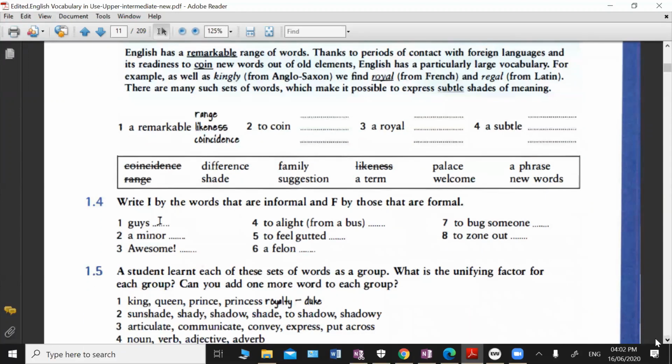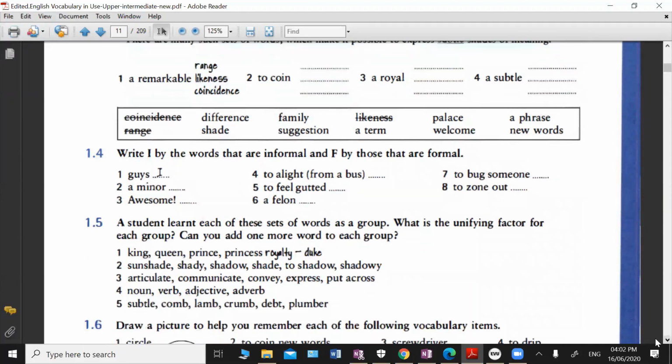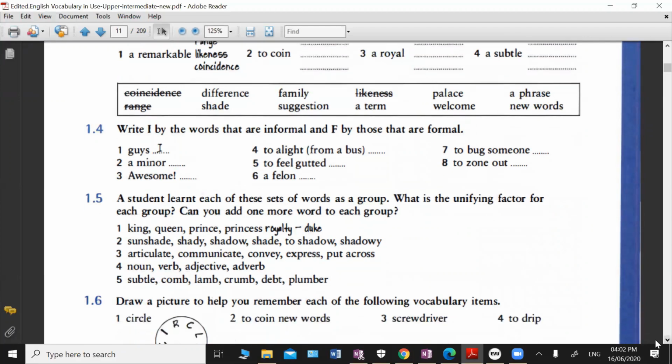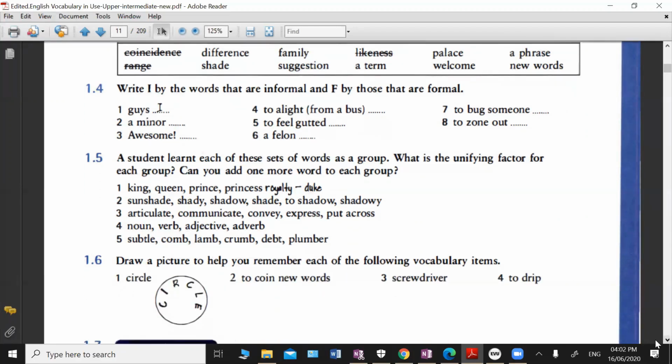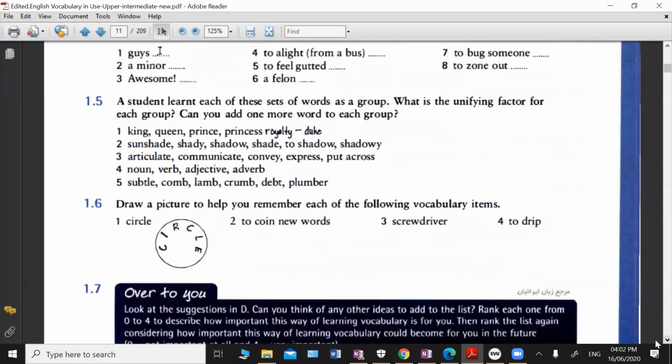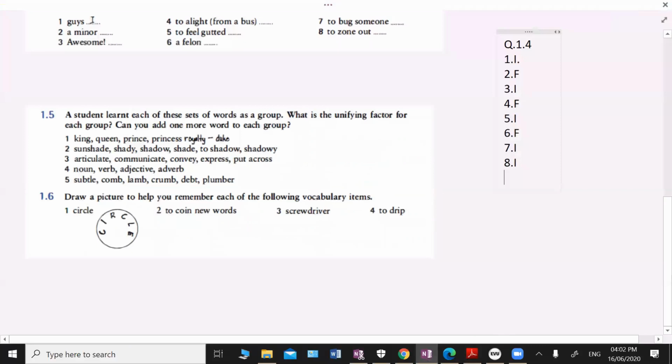After that, we studied what words are formal, what words are informal, because when you are writing the test or you are going for any interview, you are writing an email for your job, or you're writing a CV or writing a report, we don't use informal words. And then it also said that we should group words, we should put them in certain groups.